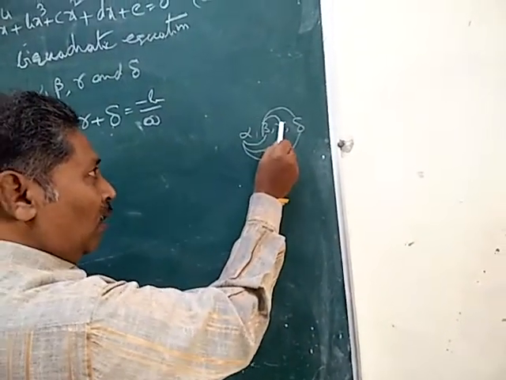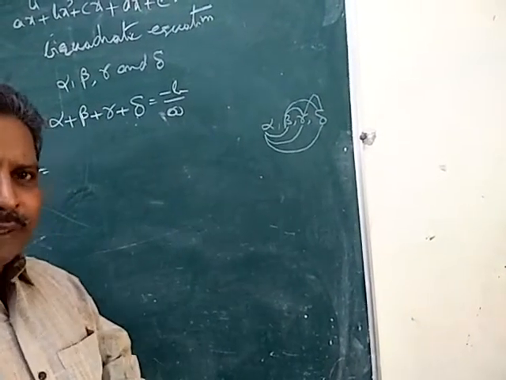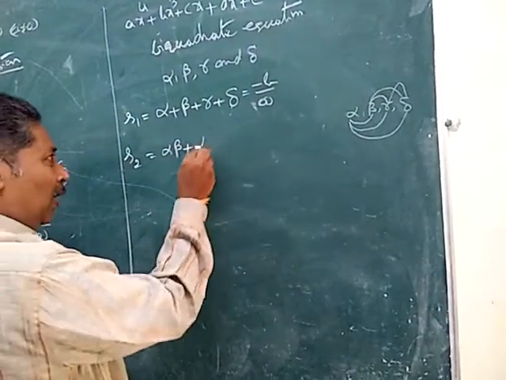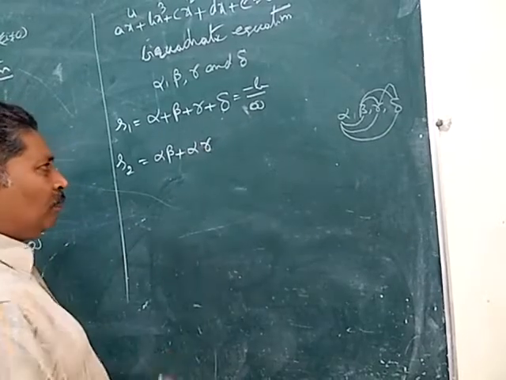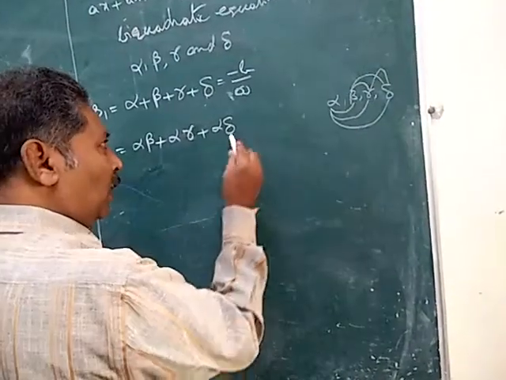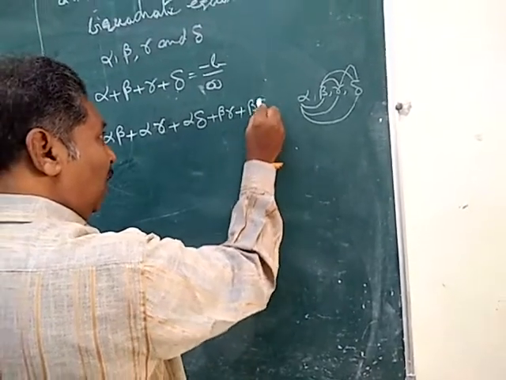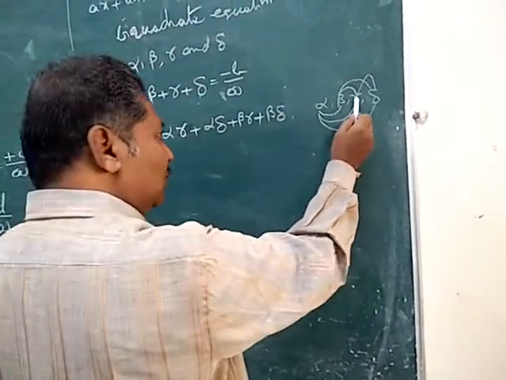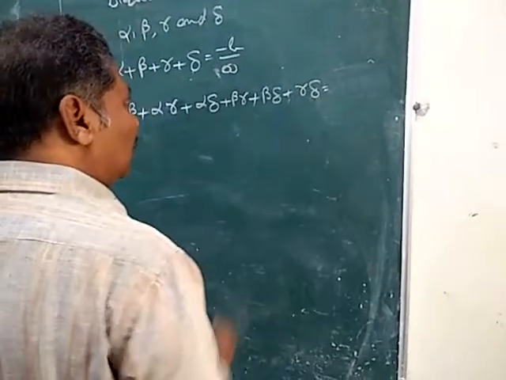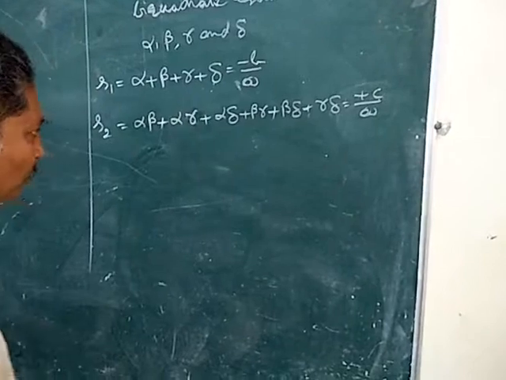Start from gamma: gamma delta. So there are 6 pairs. First, alpha beta plus alpha gamma plus alpha delta, plus beta gamma, beta delta, plus gamma delta, equal to plus c by a.